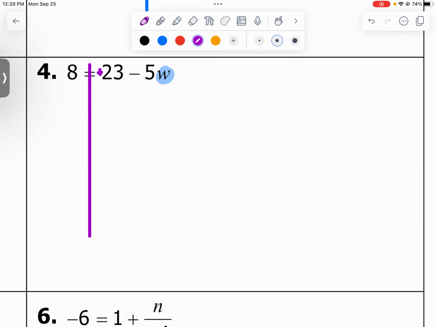So we are really needing to undo addition. That is a positive 23. So we need to subtract 23 from both sides so that this positive 23 minus 23 will cancel each other out. Okay, it's kind of a weird problem.